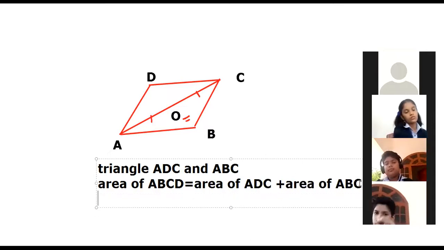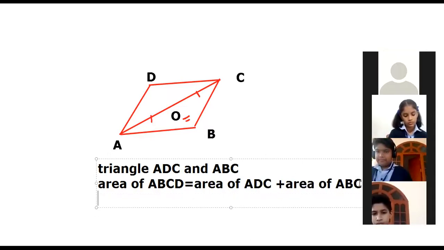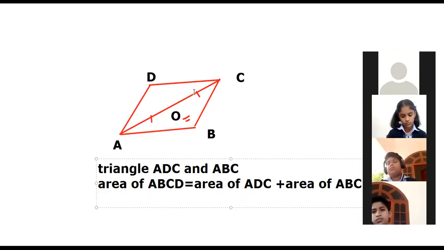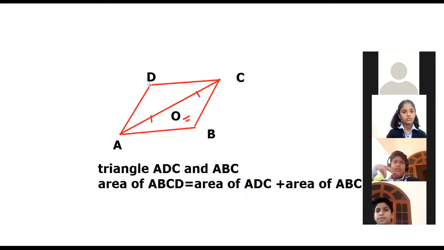And we know how to find the area of triangles. Suppose this diagonal AC can be considered as the base. We can take this AC as a base. Do you know the height? We need the height of the triangle to find the area, right? So we are drawing the second diagonal, and we are going to mark this side OD.